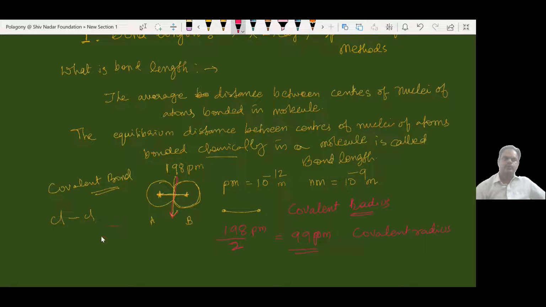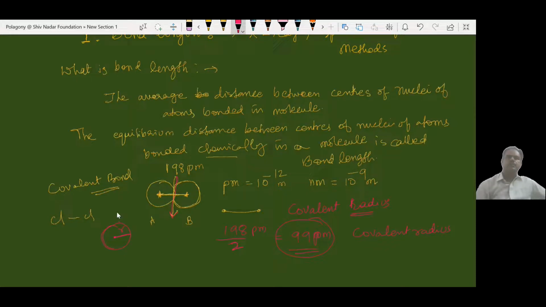That means the chlorine atom is assumed to be a sphere, and the distance from the center of the nucleus to the outermost shell is called the radius. So the covalent radius of chlorine is 99 picometers.